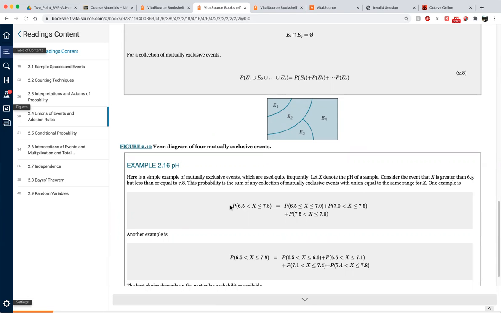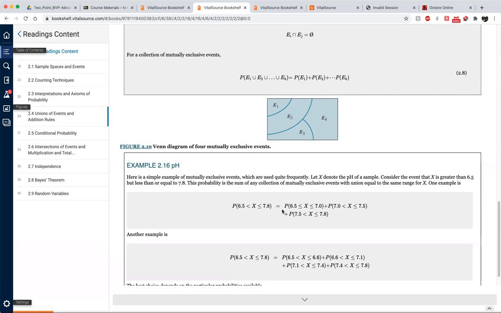So we'll find the probability that X, the pH of the sample, is greater than 6.5 and less than or equal to 7.8.